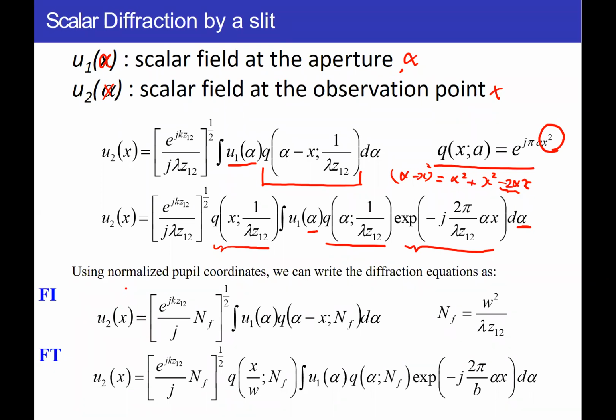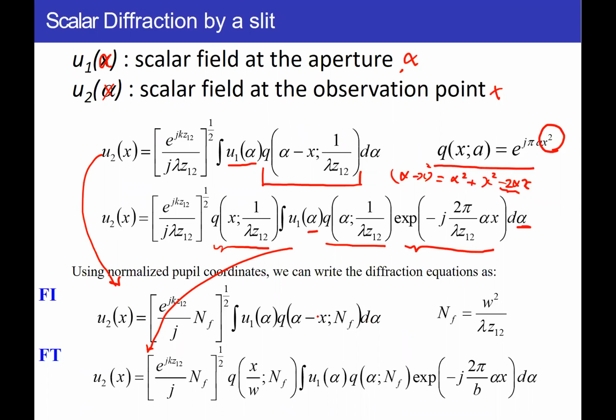And then using normalized pupil coordinates, we can write the diffraction equation as here. This is this. And then we have this term. So this is going to be the Fresnel integral.